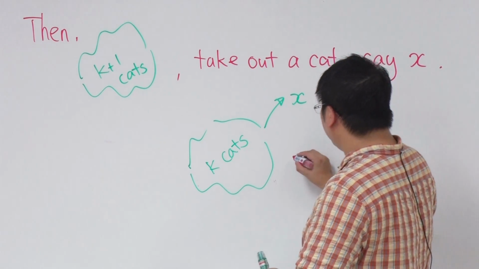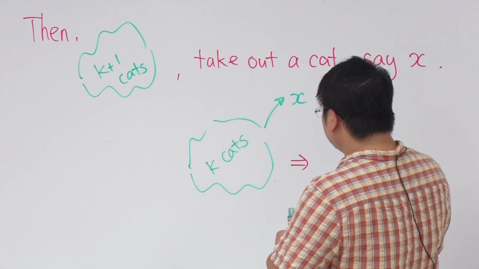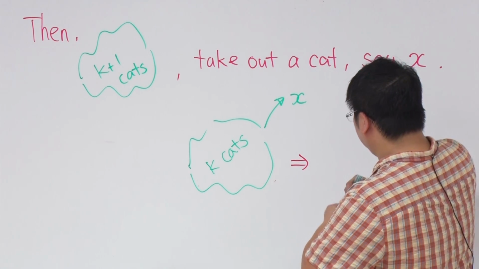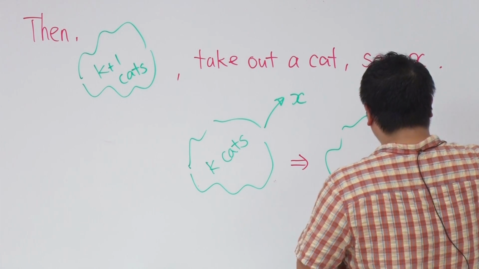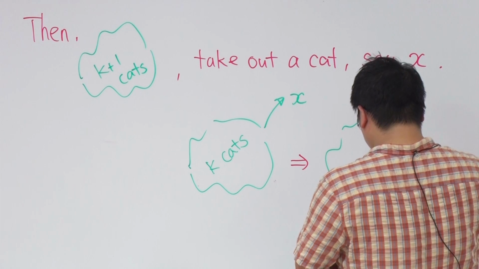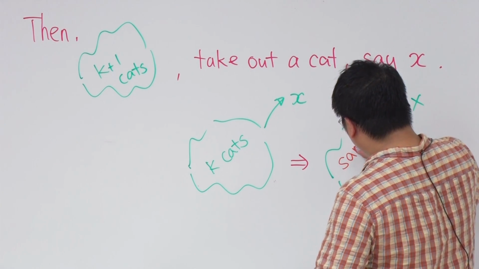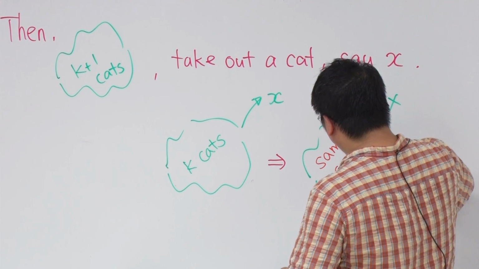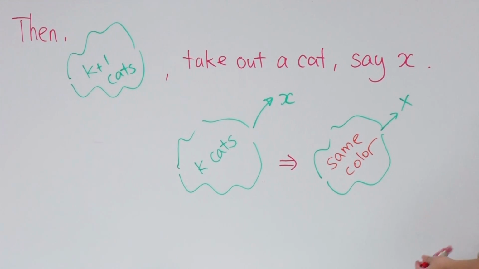So this implies that we took out x already, and then here they are the same color, right? Is that okay? And then what do we do next?